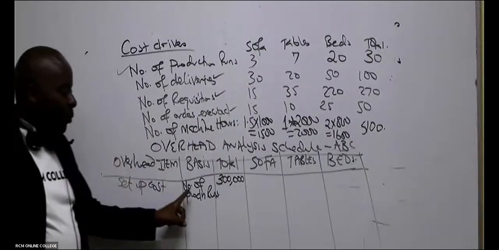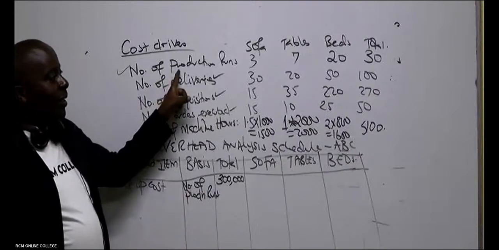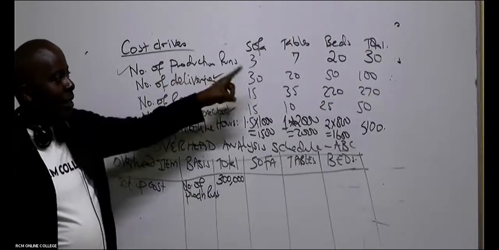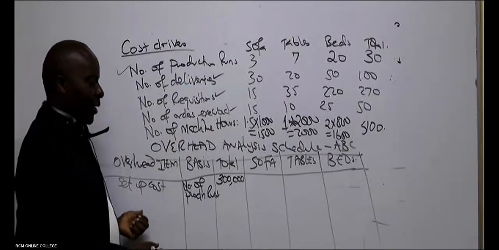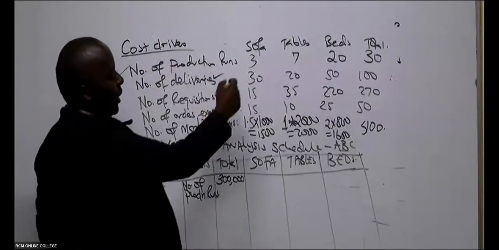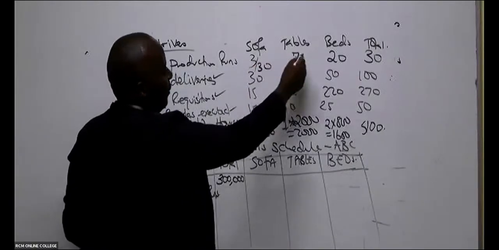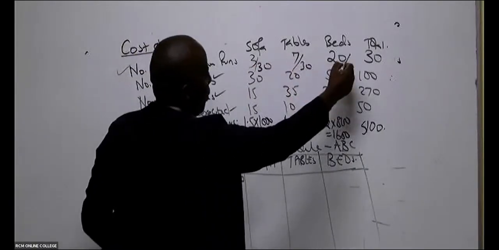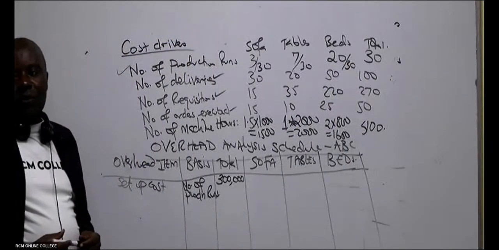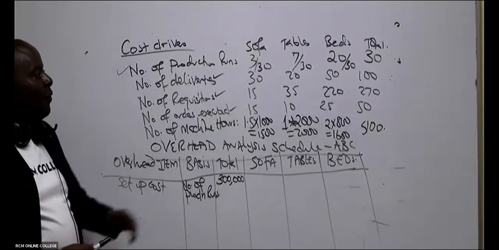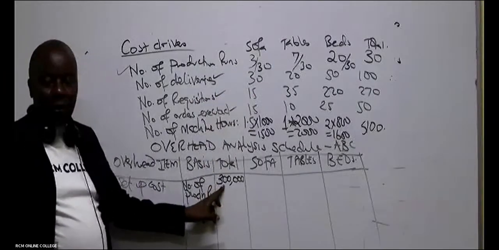We have been given number of production runs. Do we have them here? Yes, 3, 7 and 20. So already we have that. Now you know this is 3 over 30, 7 over 30, 20 over what here? 20 over 30. So we have 3 over 30 times 300,000.